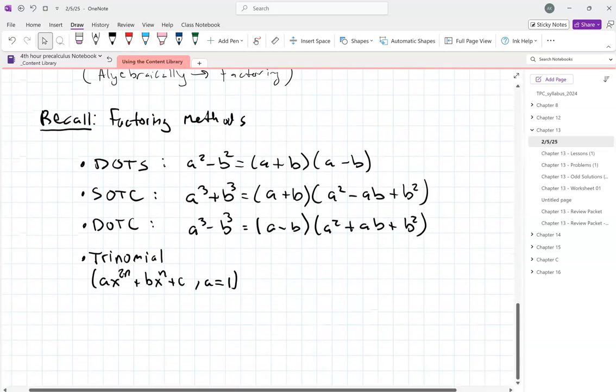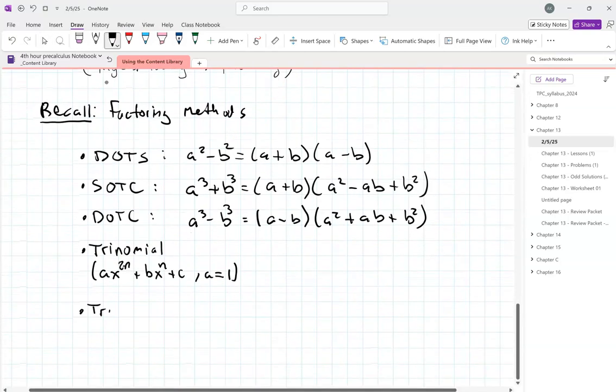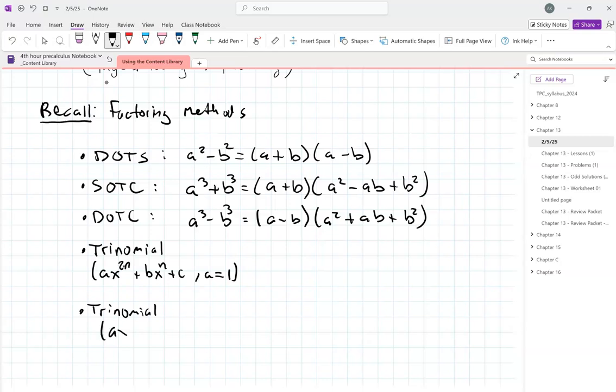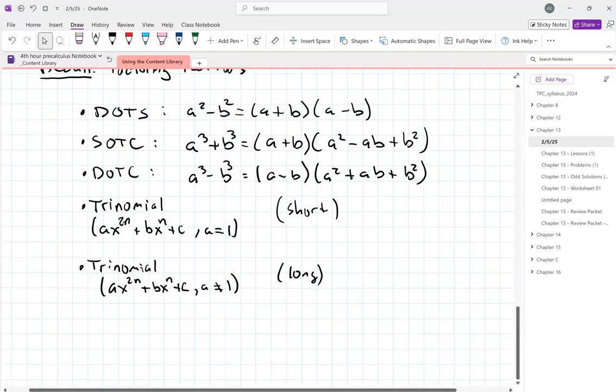We used one method. And we can also do this with trinomials in the quadratic form where a is not equal to 1. We have a different method for that. This is basically the shortcut. This is the long way.